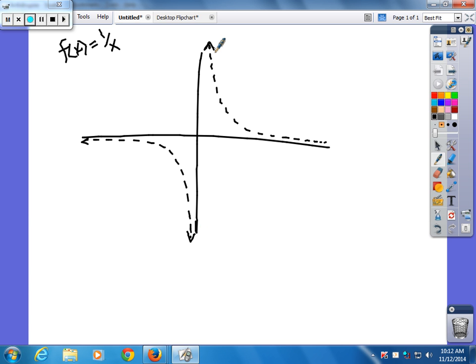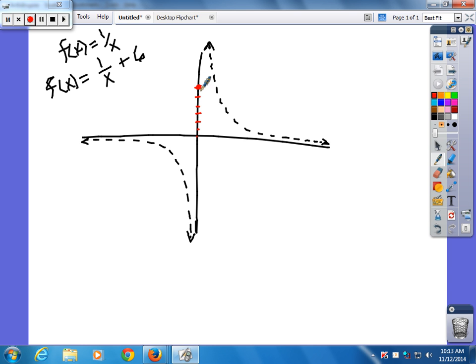But that's not what we're doing, because we want to graph f of x is equal to 1 over x plus 6. And you think to yourself, okay, there's nothing attached to this x. So that means that this is a vertical shift of 6 up. So you take your red marker and you go 6 up. 1, 2, 3, 4, 5, 6.